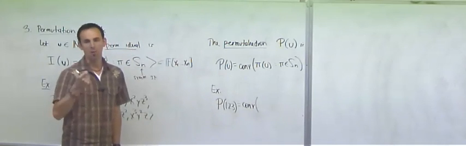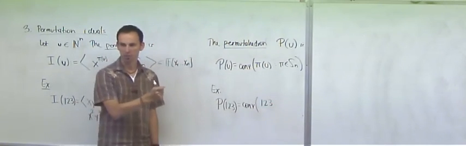So for example, the permutahedron of 1, 2, 3 has 6 vertices. And let me be lazy and not put commas everywhere. So for example, one vertex is 1, 2, 3. And by that I mean the vector 1, 2, 3 in 3 dimensions. 1, 2, 3; 1, 3, 2; 2, 3, 1; 2, 1, 3; 3, 1, 2; 3, 2, 1.